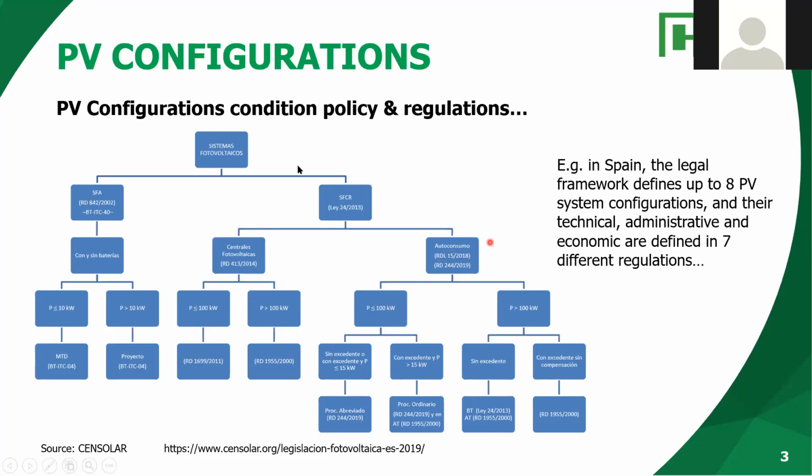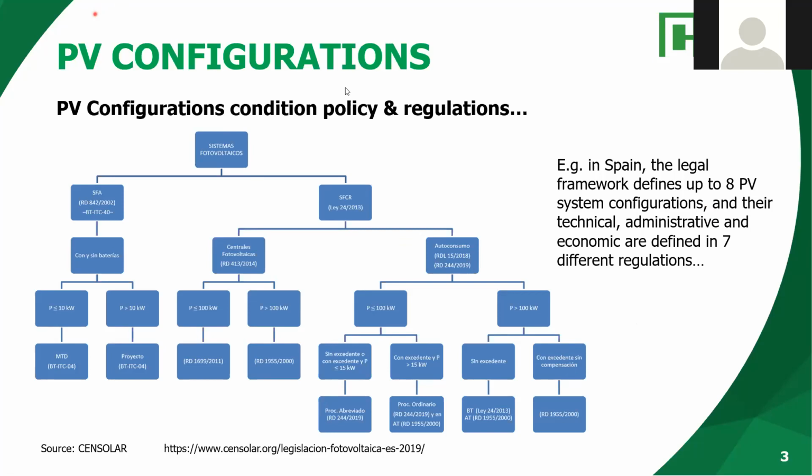This was a slide that we shared a couple of sessions ago, if you remember. This is the situation in Spain. So in Spain, the legal framework for grid connection of photovoltaic systems defines up to 8 different configurations. And we have up to 7 different regulations depending on the kind of system that we are thinking of, whether it is on-grid or off-grid.